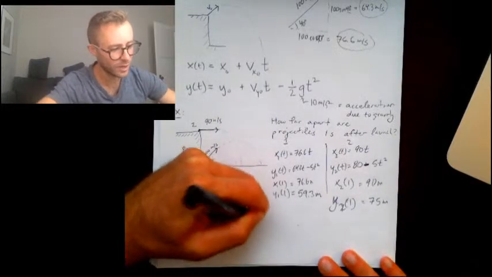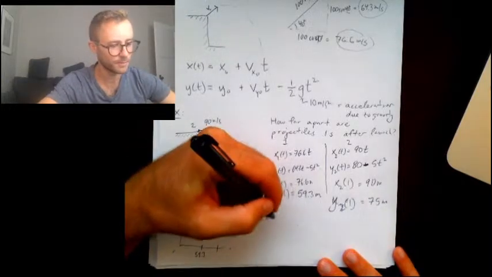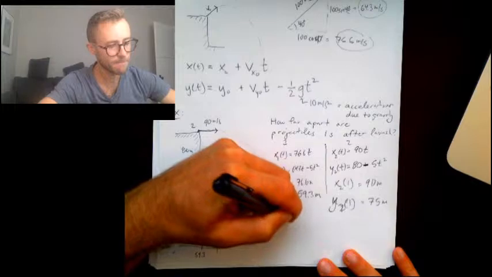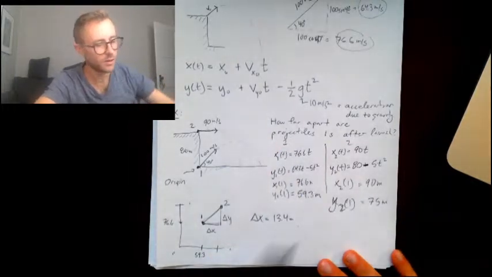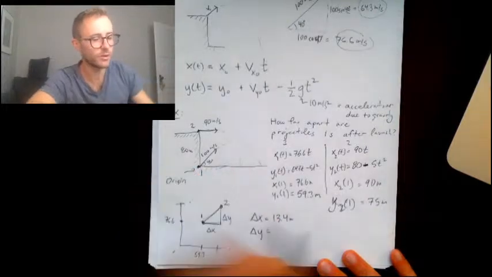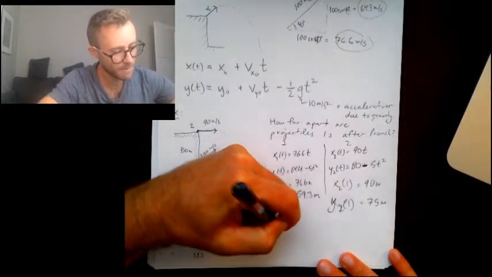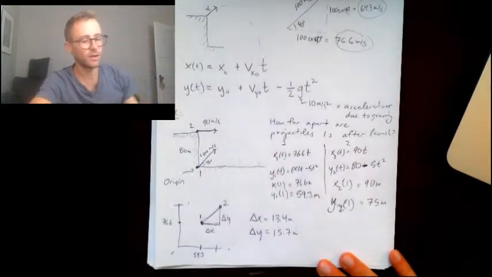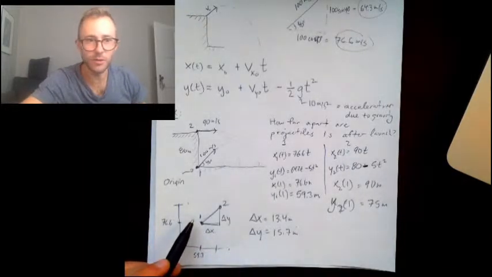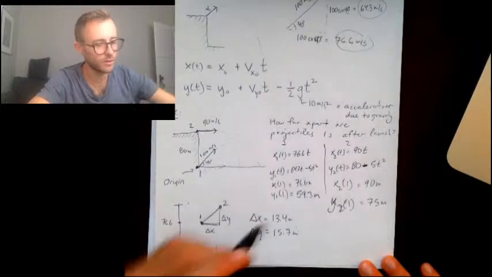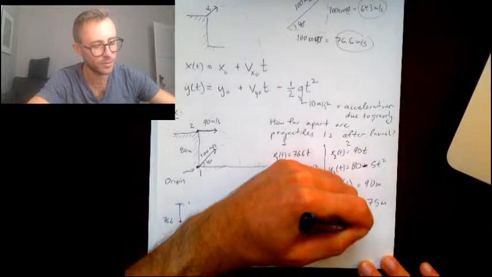So what is delta x, the difference between their x coordinates? That's going to be 13.4. That came from just subtracting those two numbers. What is the difference in y coordinate? It's going to be 75 minus 59.3, which would be 15.7 meters. And so the distance between the two projectiles is going to be the square root of 13.4 squared plus 15.7 squared.